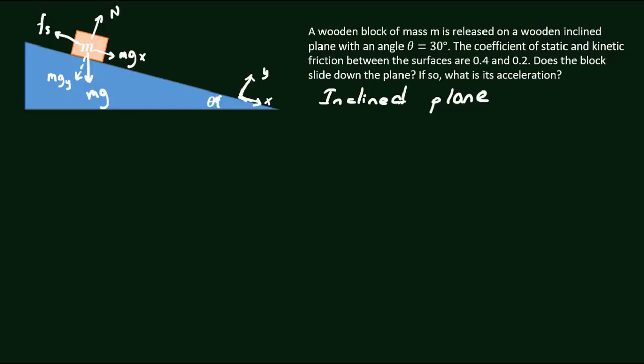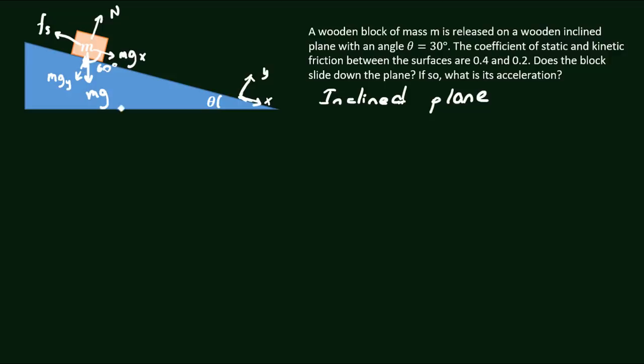Well, we're given an angle for the inclined plane, 30 degrees here. If this theta is 30 degrees, there is a right angular triangle. So this angle is 90 minus 30 degrees, which is 60 degrees. And this small angle here is 30 degrees.